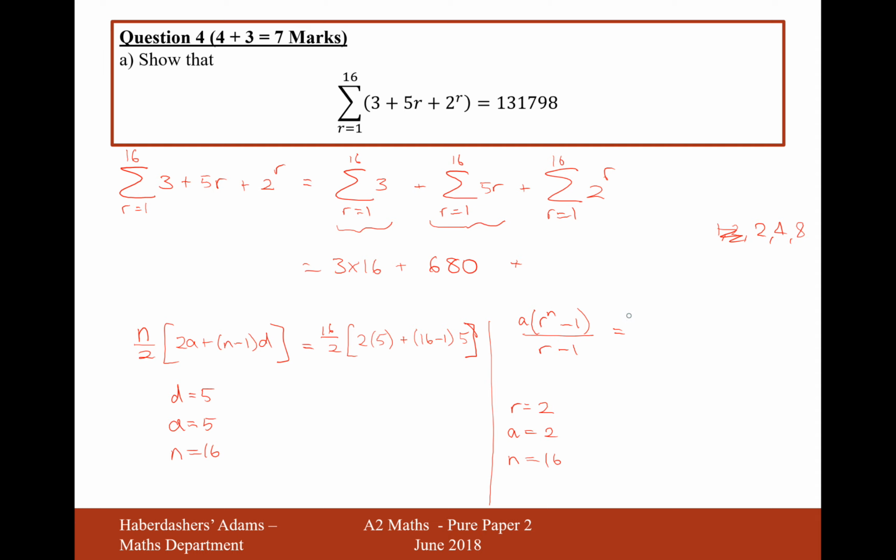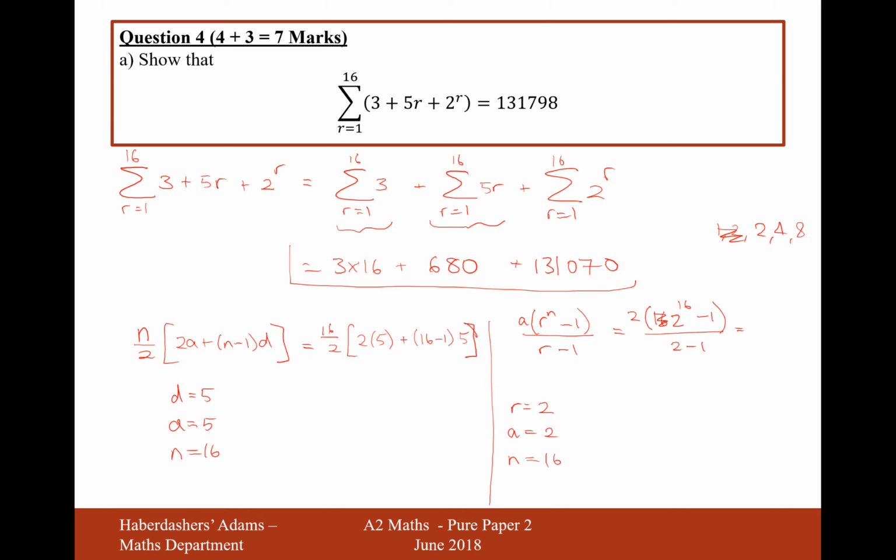So the calculation is going to be 2 bracket 2 to the power of 16 minus 1 over 2 minus 1, and when we plug that into our calculator, fraction button, 2 bracket 2 to the power of 16 minus 1 over 1, we get 131,070.